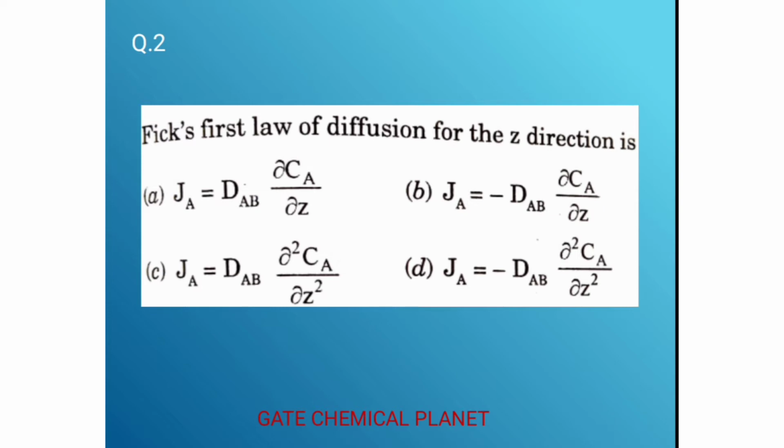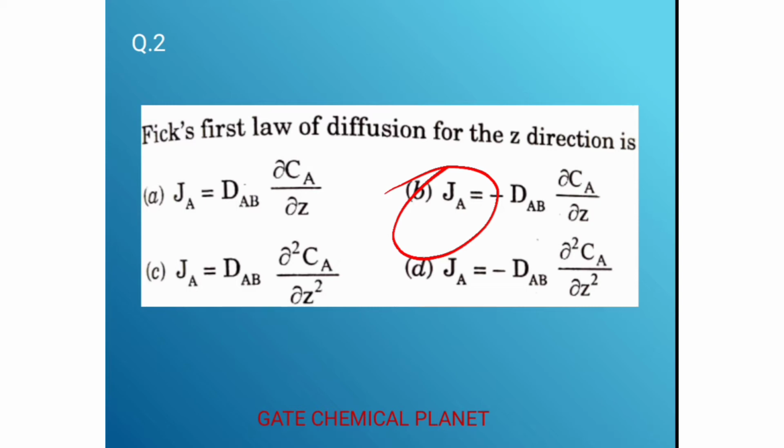So students, here flux is by convention always a positive quantity. So JA cannot be negative, and diffusion occurs spontaneously in the direction of decreasing concentration. So the negative sign is incorporated in the equation to make it consistent with respect to sign.